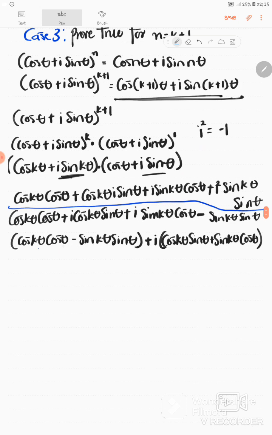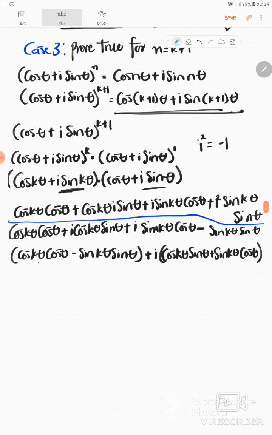We know that cos k theta cos theta minus sine k theta sine theta will be simplified to cos of k theta minus theta, hmm, cos k theta plus theta, plus i sine, this will be simplified to sine k theta plus theta.